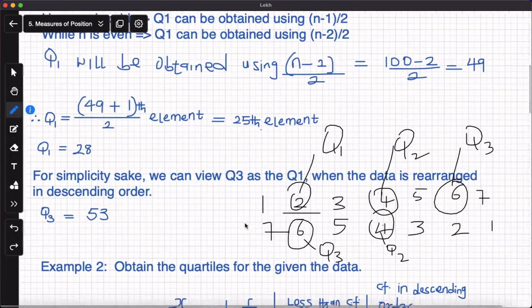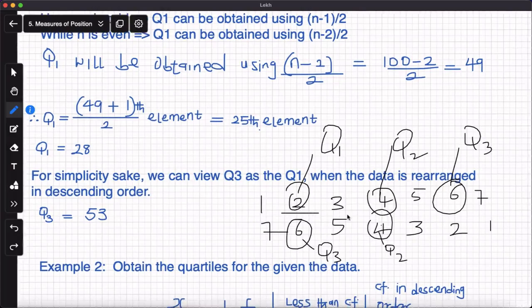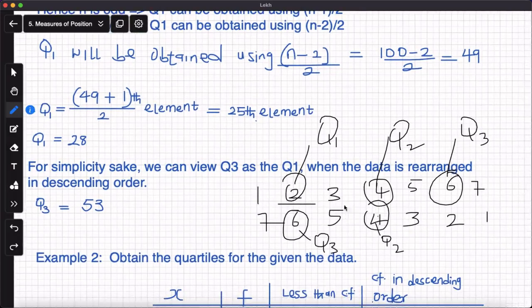How? Note something, for instance, if we have the data like this, 1, 2, 3, 4, 5, 6, 7, and we want to obtain our quartiles. This will be our Q1, Q2, Q3. But if we arrange the data in descending order, this one is ascending order, then Q3 will be in the position of Q1.